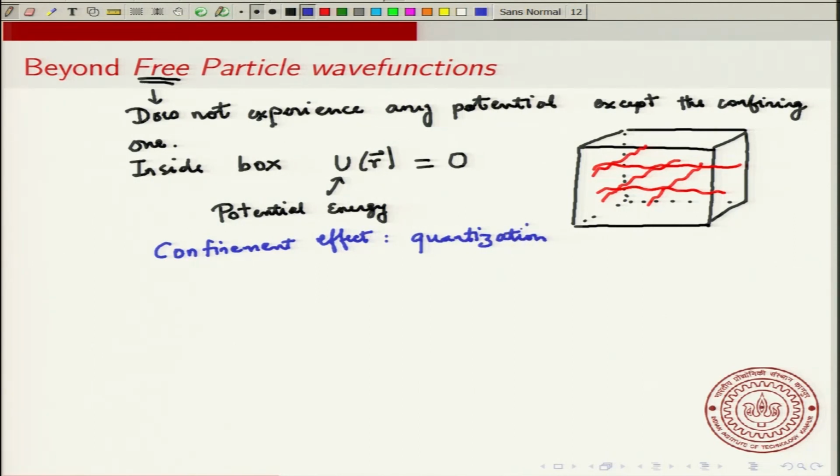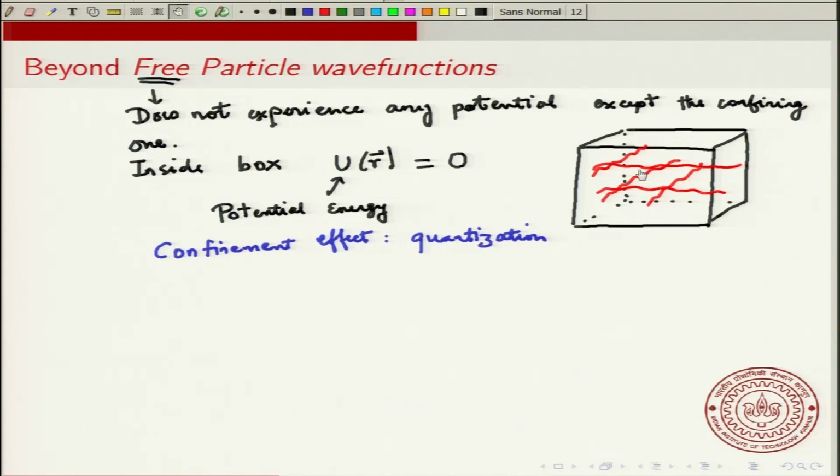The energy levels are quantized because the particle is confined to be within this box, but inside the box it does not have any potential of interaction, and this is like a particle in a 3-dimensional box.